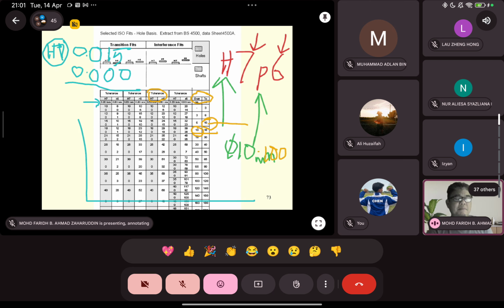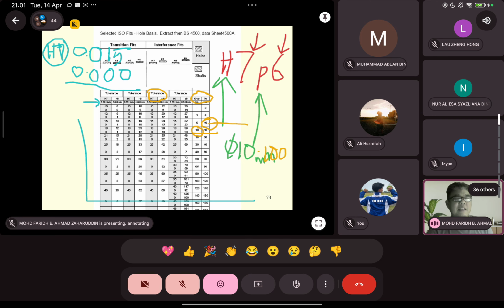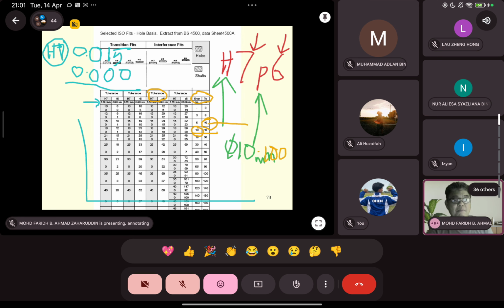What is the answer, Alisa? Hole basis, Doctor. Why did you say it's a hole basis? Because of? It's written there, hole basis. Because it's already written. Yes. Okay, it's true because it's already written hole basis.